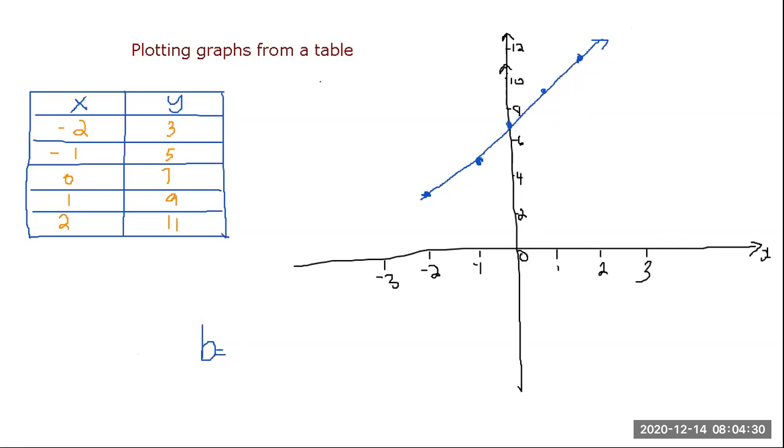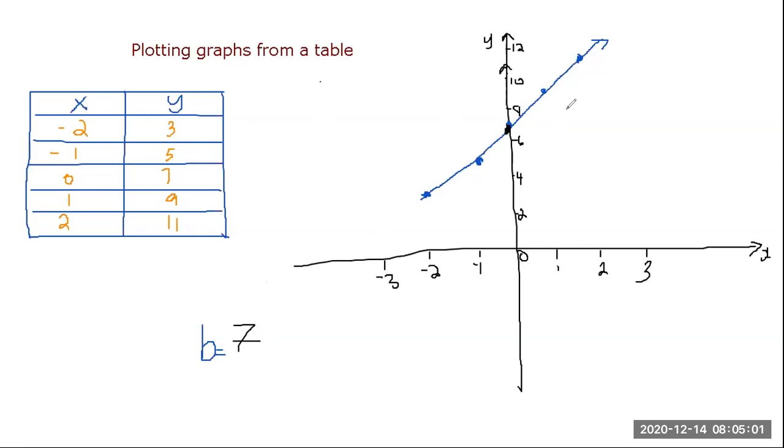Remember, this right here is the y-axis. Yeah, someone said 7. It crosses the y-axis at 7. Wherever x is 0, that's what y is. So when x is 0, y is 7. I'm going to put it right there.